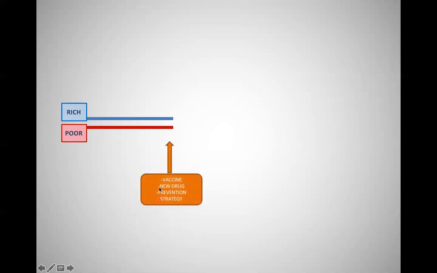Then what happened over time? Forget about vaccine, new drug, prevention strategy. What happened over time is that you had change in the context. And this change in the case of smoking was the fact that knowledge about the harmful effect of smoking became public.